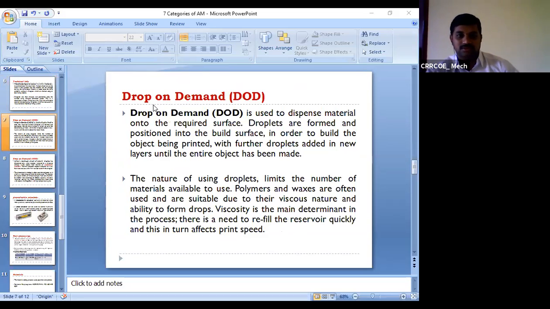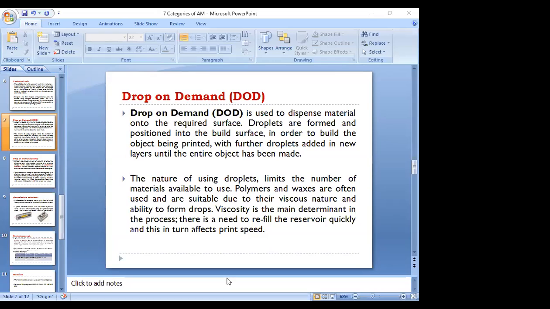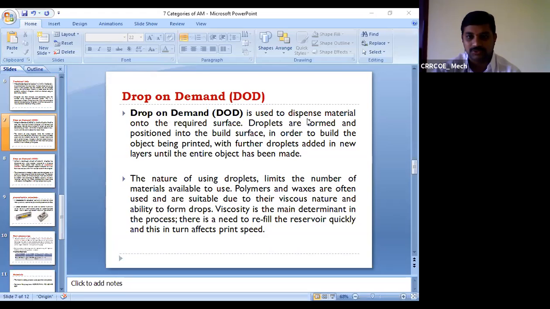Now the second category: the first one is continuous flow and the second one is drop on demand. Drop on demand is used to dispense material onto the required surface. Droplets are formed and positioned onto the build surface.